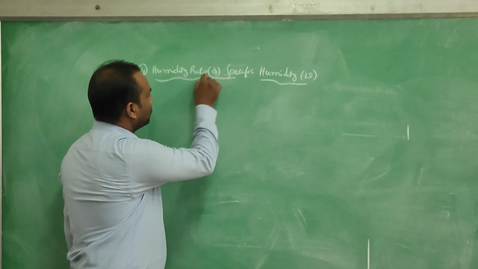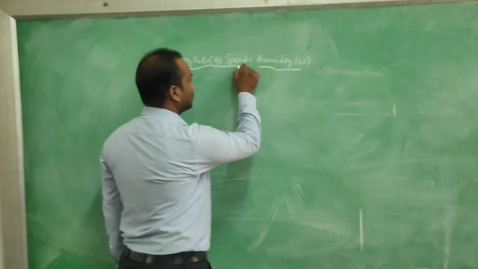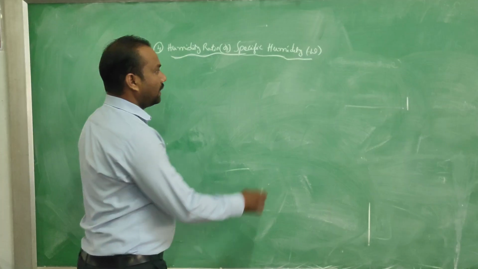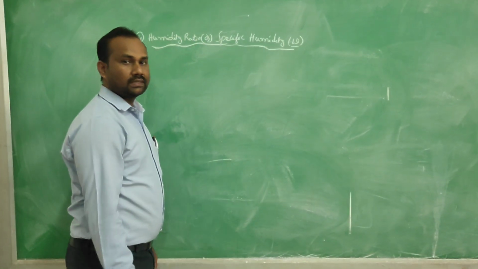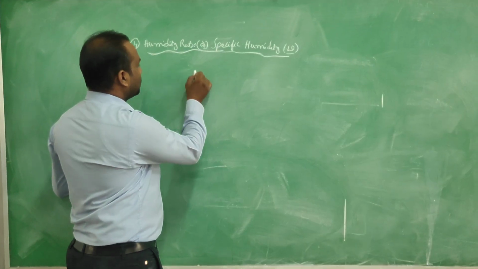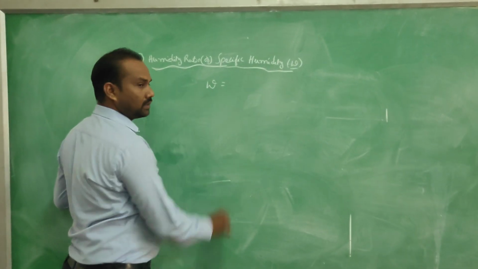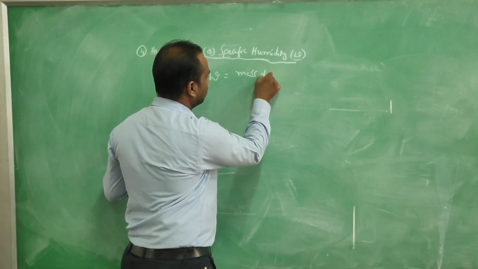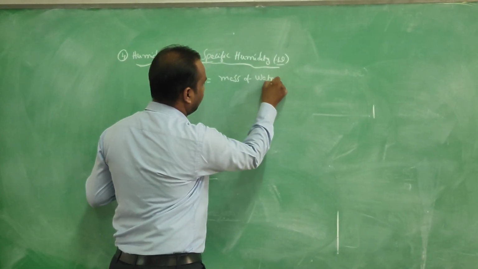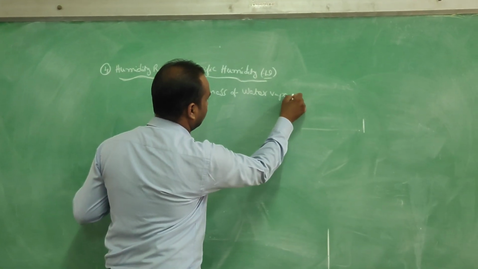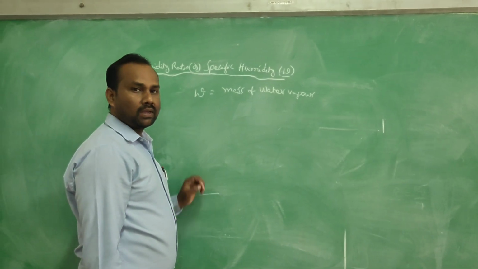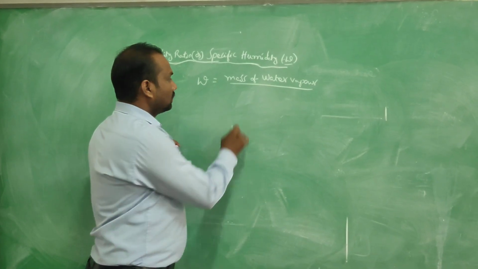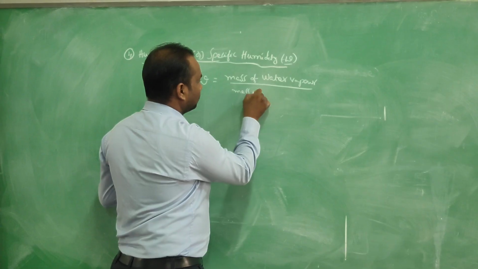So the next property is called humidity ratio or specific humidity. It is one of the important psychrometric properties, and it is represented as omega. This humidity ratio or specific humidity is defined as the ratio of mass of water vapor of the given moist air at a given temperature to the mass of dry air.